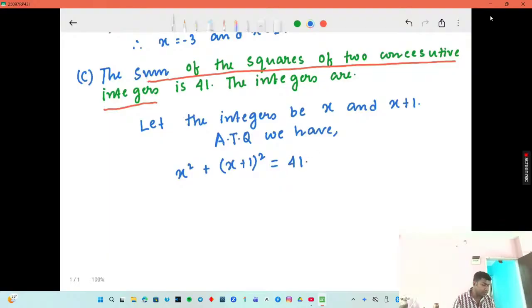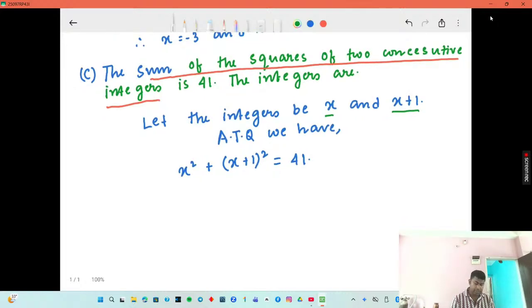So here the question is given as the sum of the squares of two consecutive integers. So you can see that I have supposed the two integers as x and x plus 1, and the sum of the squares of these two integers will be equal to 41.